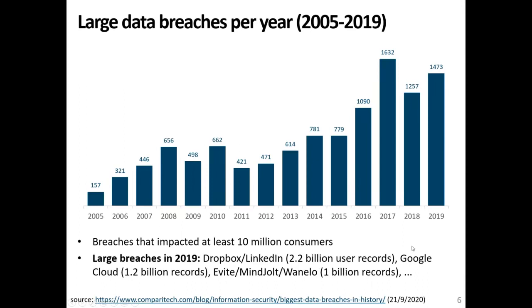So even big companies like Google that you would expect to be very strong in security get attacked by hackers and get their data stolen. And the main people suffering from this are not these companies, but actually the users whose data, such as personal information, password, credit card information, gets stolen in these data leaks.